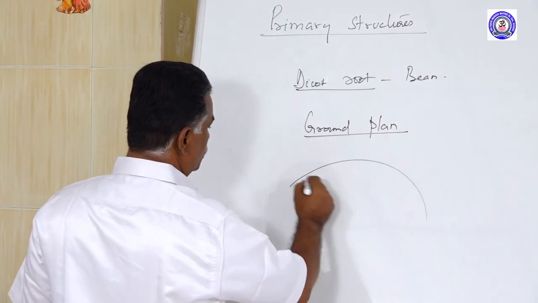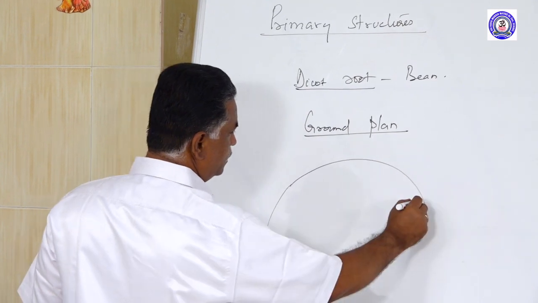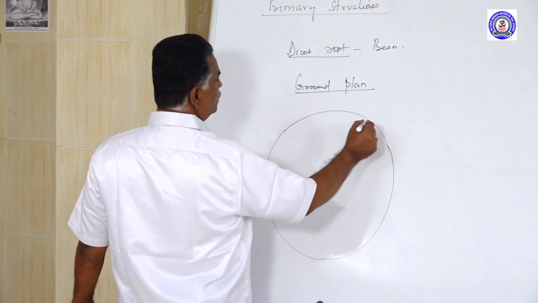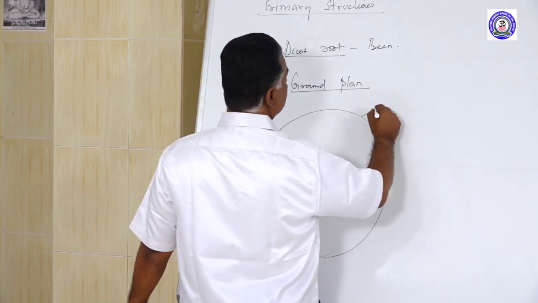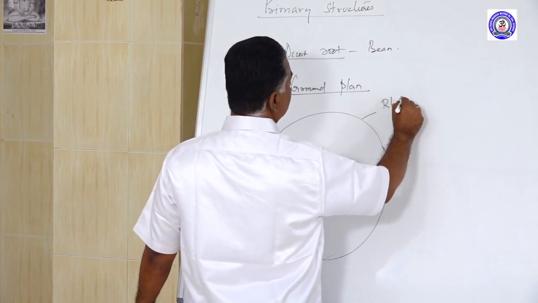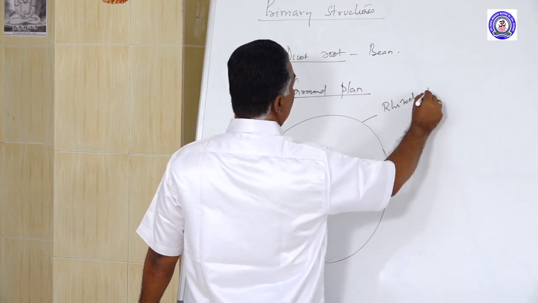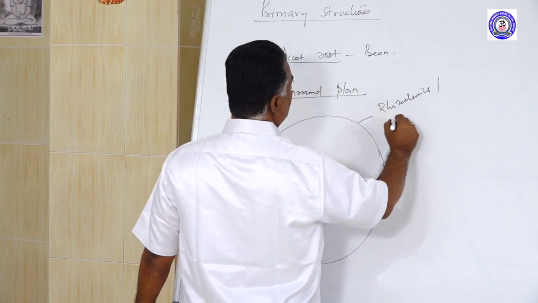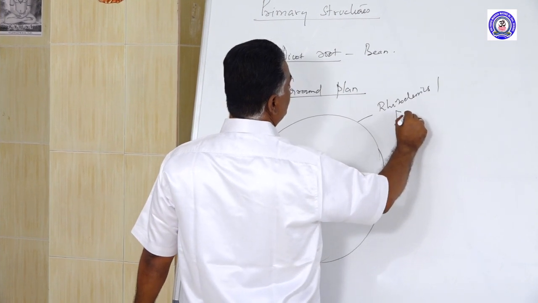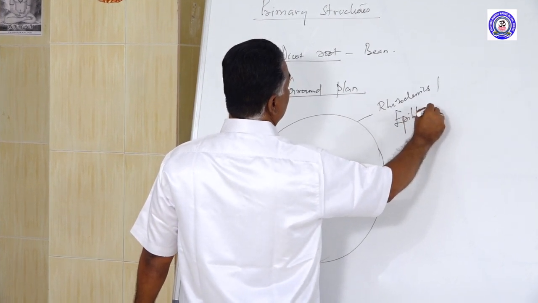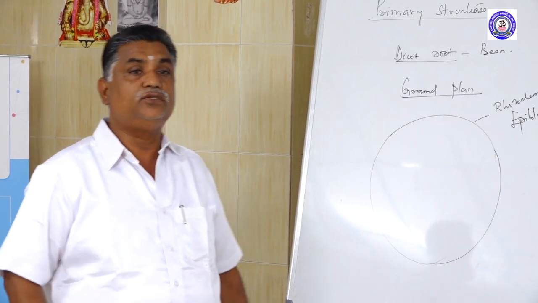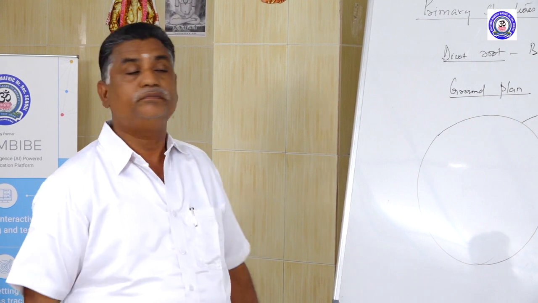See, outermost layer is called rhizodermis. Rhizodermis or epiblema. Rhizodermis is always called epiblema.